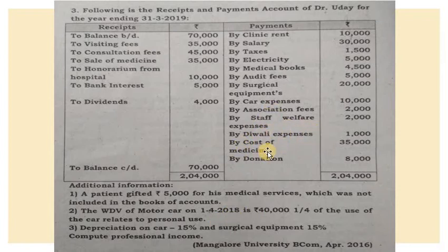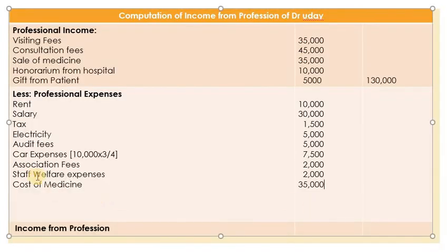Then cost of medicine is related to his profession. Donation is again a personal expense, not related to his profession. So we have written association fee, staff welfare expense, and cost of medicine.